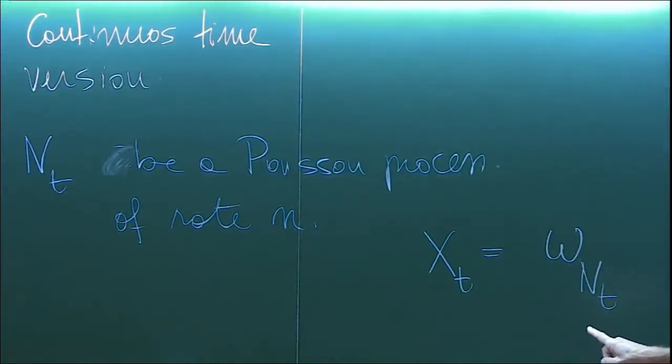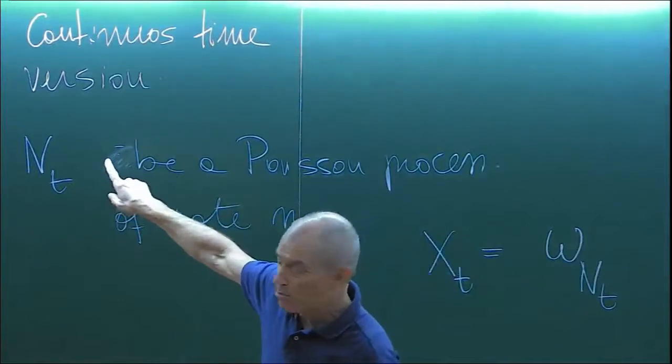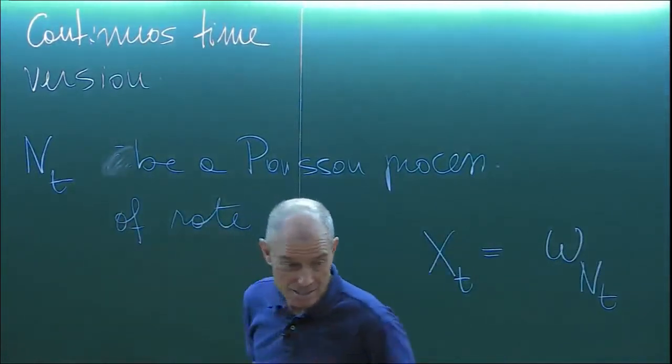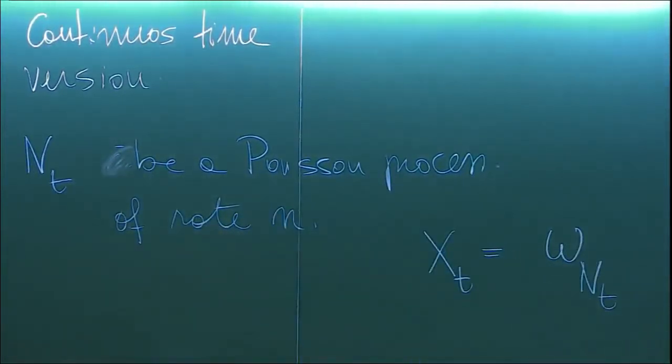And a very convenient way to consider this chain is not by considering a global Poisson process with rate n, but using the fact that the sum of Poisson processes is still Poisson. Imagine that at each coordinate there is a Poisson clock of rate 1, okay?